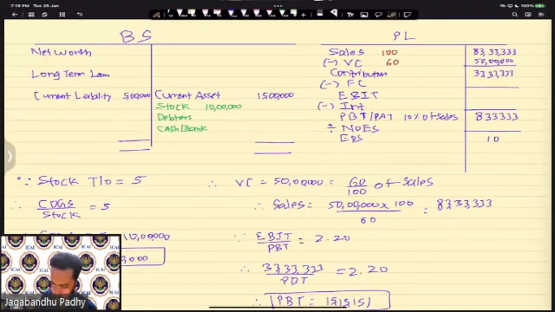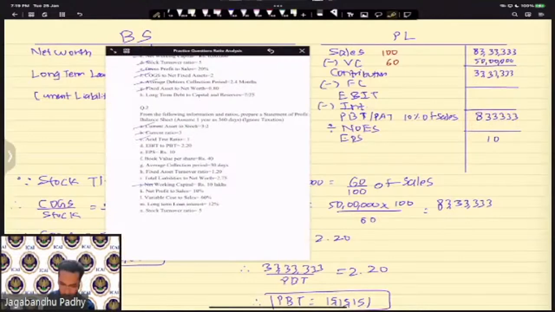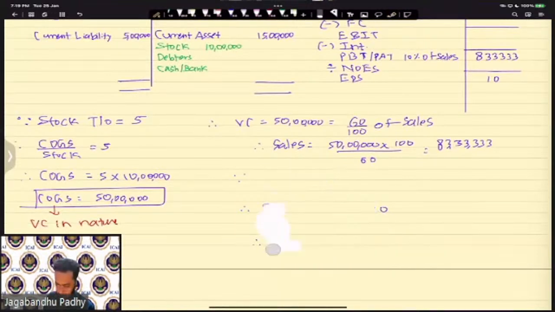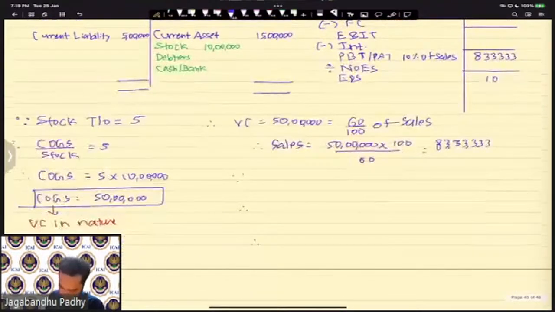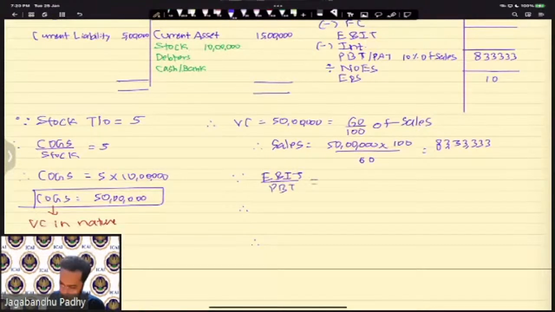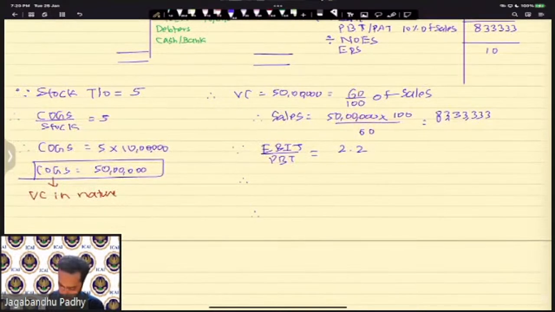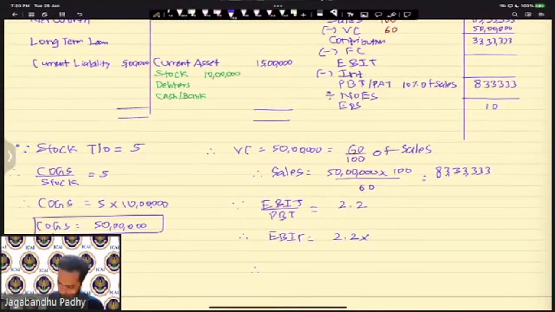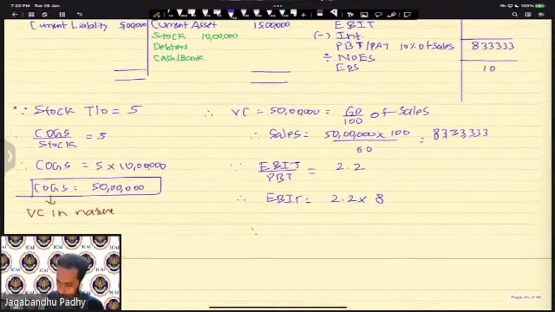Now based on this number of PBT, I'll have to calculate this. There is an error over here guys. My bad. So EBIT upon PBT is 2.2. So EBIT will be 2.2 multiplied by 8,33,333.